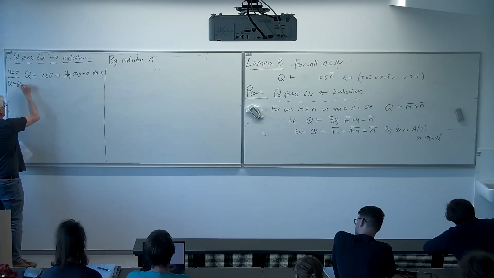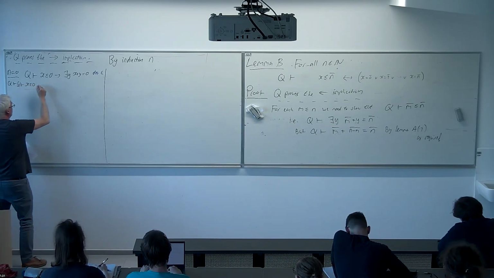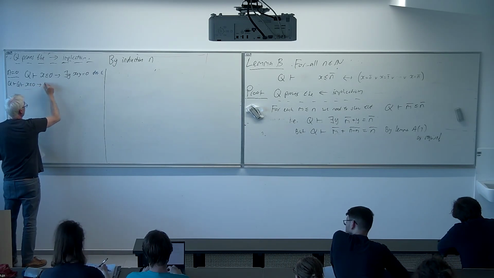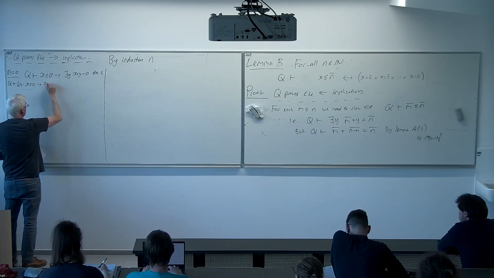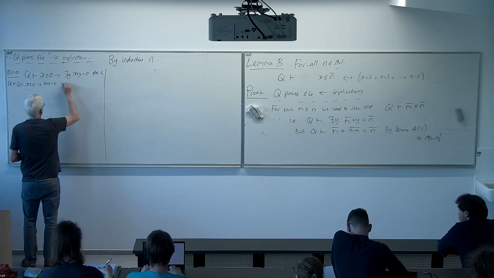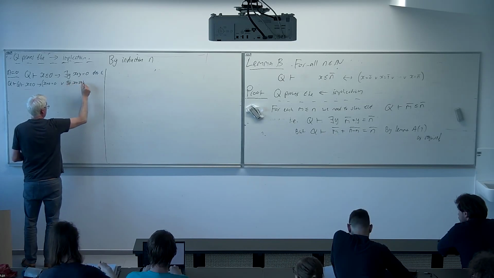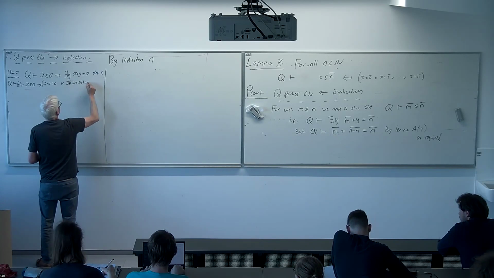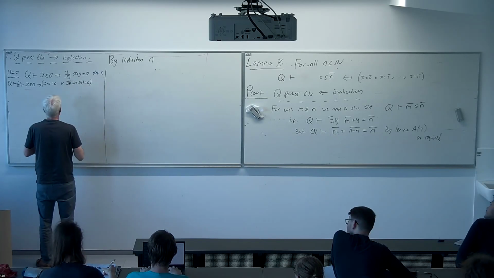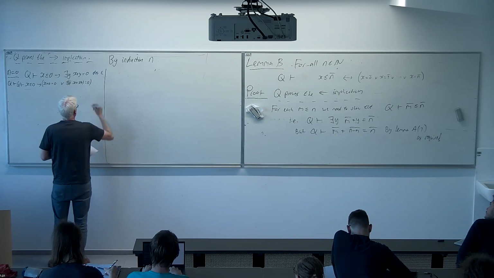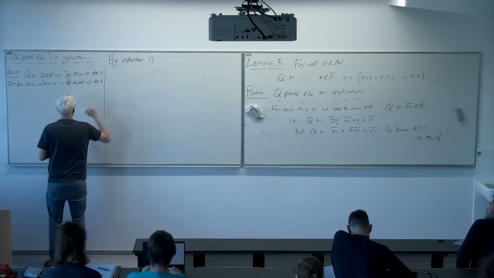So Q proves that if x is less than or equal to 0, then either x plus 0 equals 0, or there exists a z such that x plus the successor of z equals 0. And this is again the definition of less than or equals.